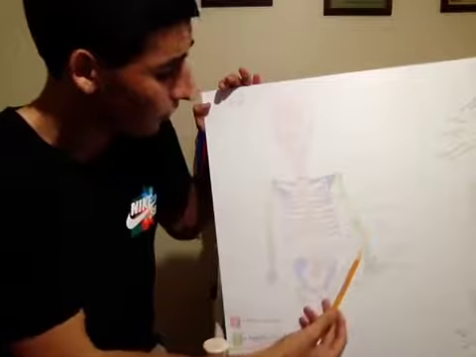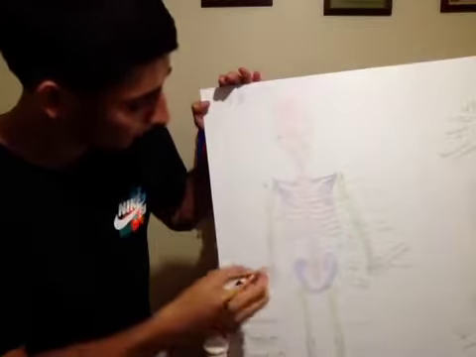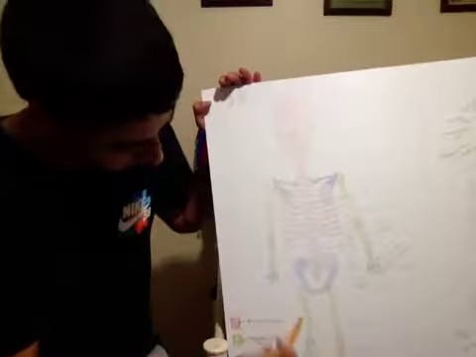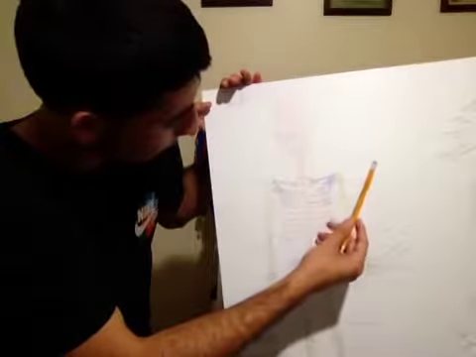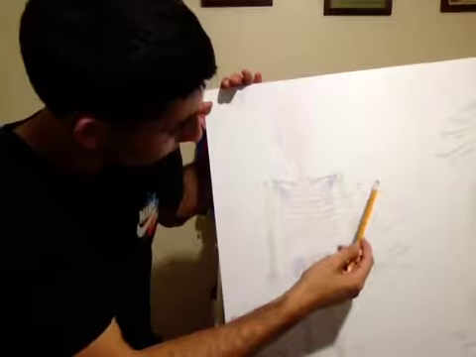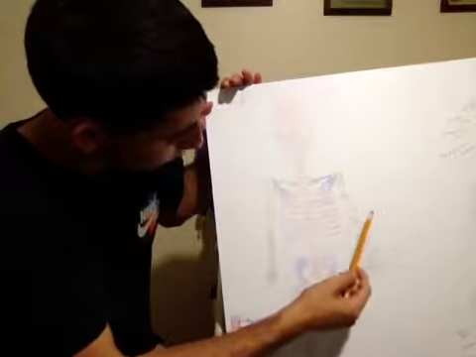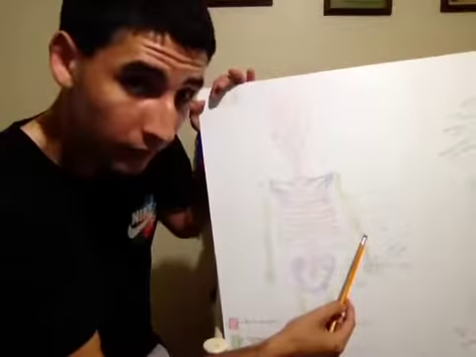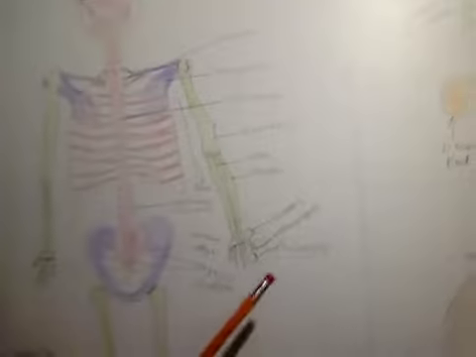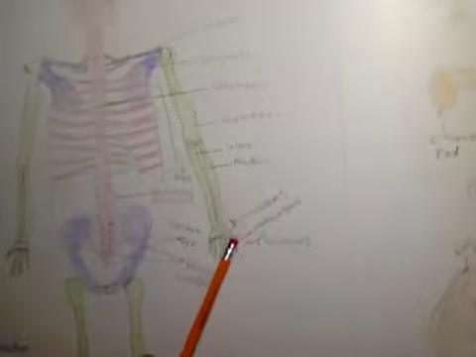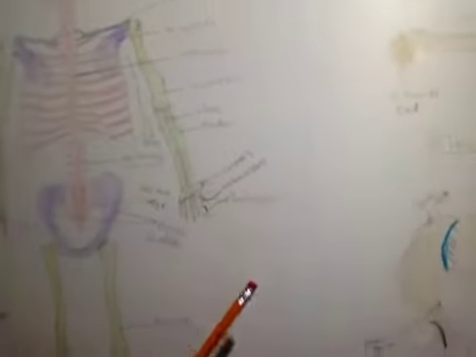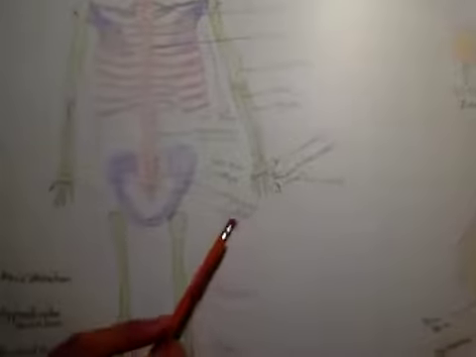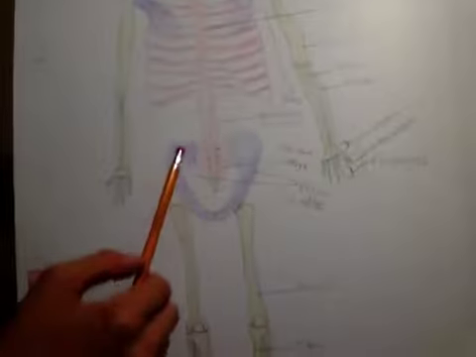Now we're going to go to the appendicular part, which includes the limbs, which includes the clavicle, the scapula, the humerus, the ulna, the radius, and the carpals, and the metacarpals, and the phalanges, and also the pelvic girdle right over here.